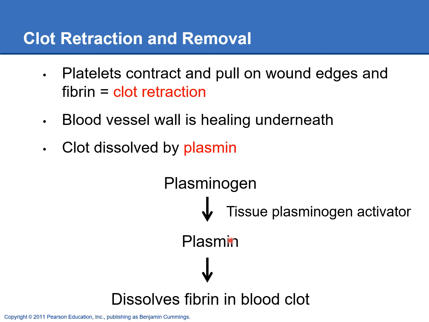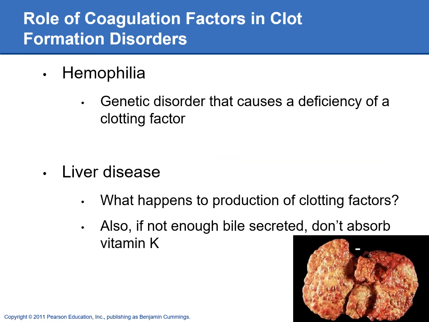And then that will form plasmin, which will then start dissolving the fibrin in the blood clot, and eventually over a couple of days that blood clot will disappear. What's interesting is tissue plasminogen activator, or TPA, that can actually be given to stroke patients within about 3 hours of them having a stroke to help dissolve the blood clot that's formed.